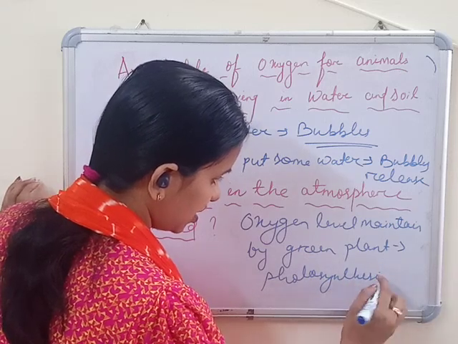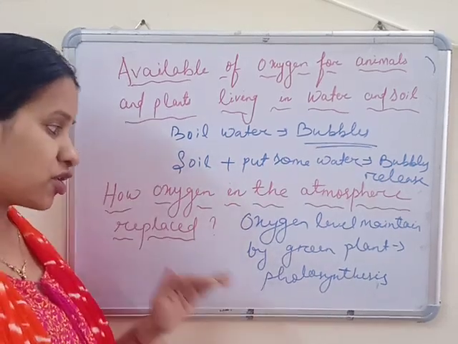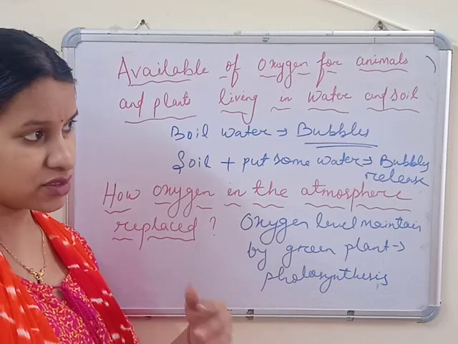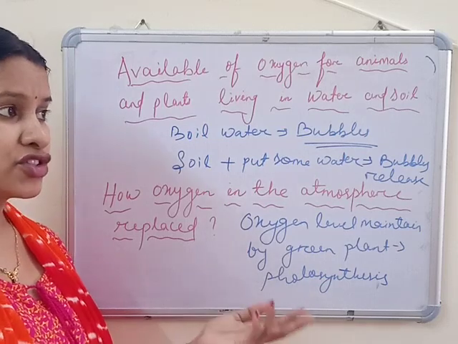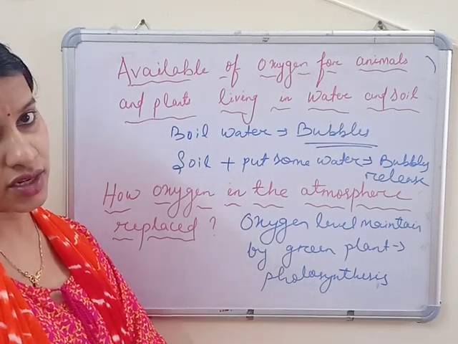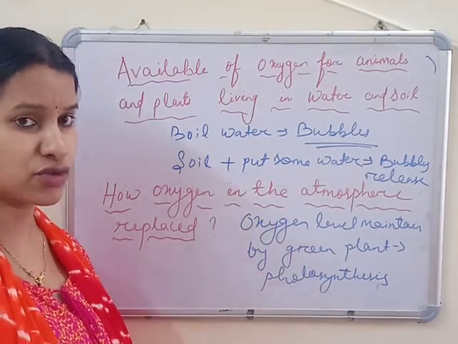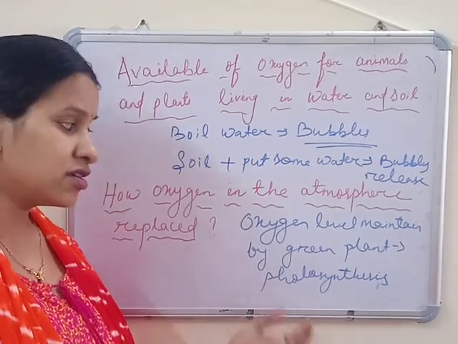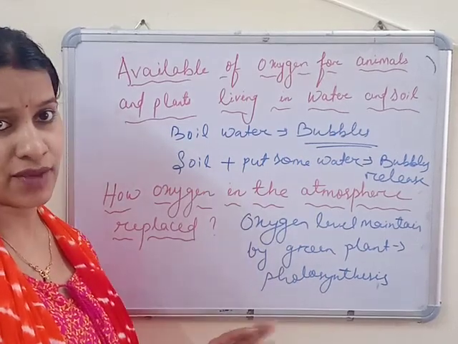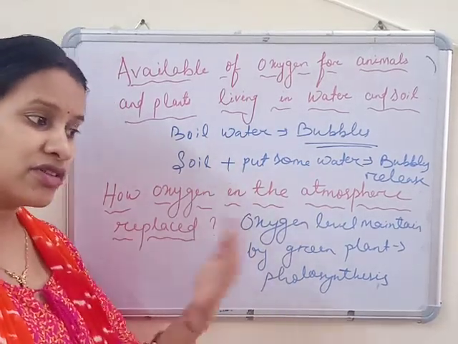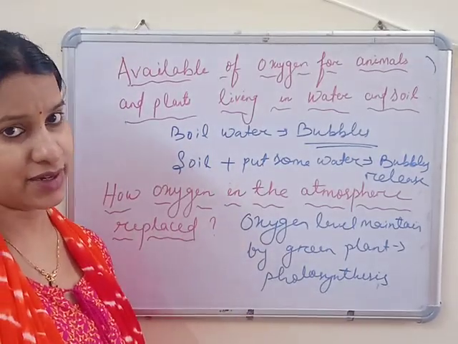This is the only process, done by green plants, by which the oxygen level is maintained, because a single plant produces a large amount of oxygen which is consumed by other living organisms and by itself. Plants produce much more oxygen than all the living organisms use, so that every time, whether it's day or night, we do not feel suffocated, and oxygen is always available for us because that much oxygen is produced by plants.